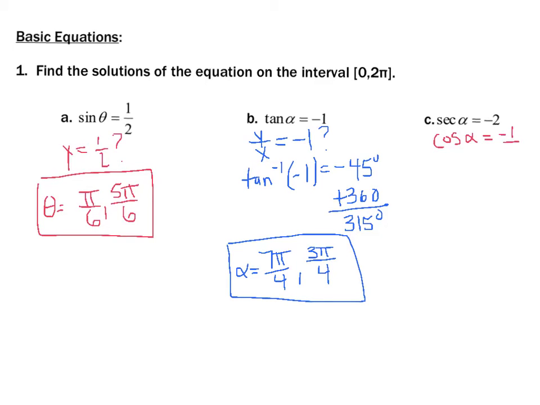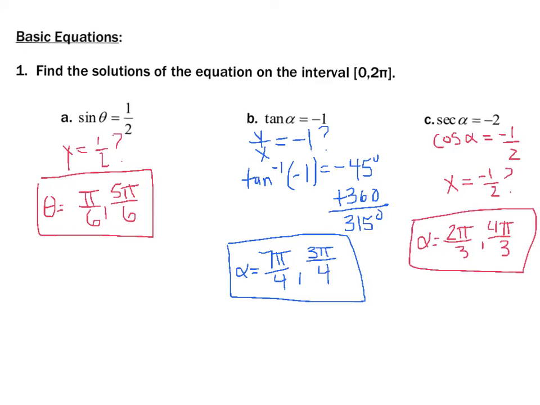The reciprocal of -2 is -1/2. Now cosine is my x value, so it's saying, where's my x value -1/2? Well, that's going to be true at 2 pi over 3 and also 4 pi over 3. So alpha equals 2 pi over 3 and 4 pi over 3.